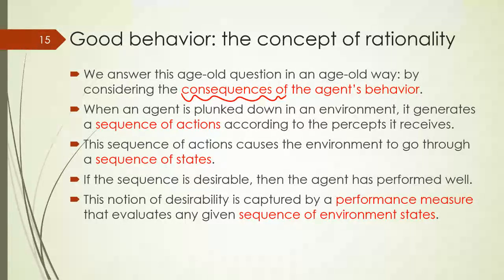Now we are talking about the third item, which is the consequences of the action. When an agent is plunked down in an environment, it generates a sequence of actions according to the percepts it receives from the environment.